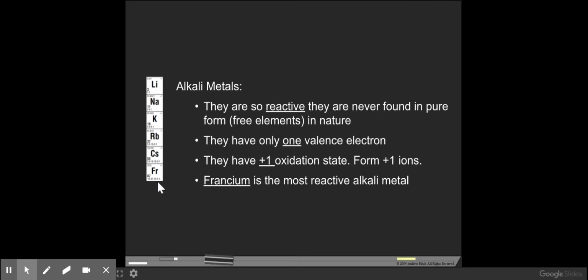So once they lose their outer electron, they are happy. So they'll all have a +1 oxidation state, which you'll see in the top right corner of the elements. Francium is the most reactive of all the alkali metals. So you'll definitely never see francium itself because francium is the most reactive metal on the periodic table.